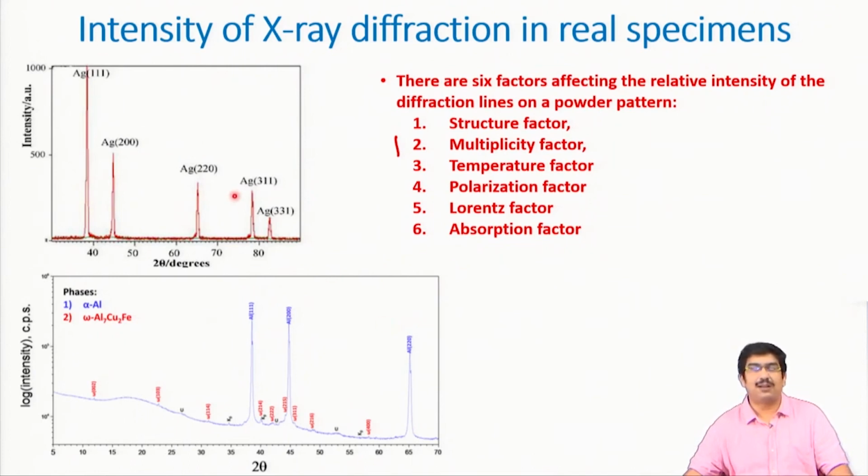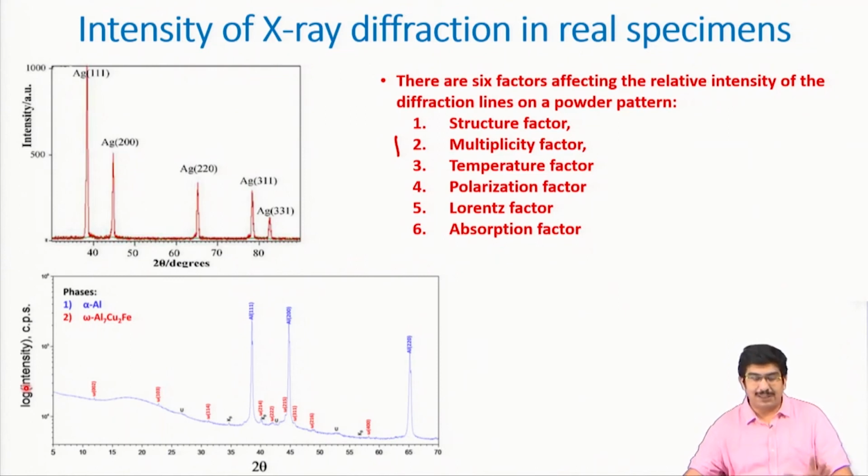You can see that the 111 intensity is almost comparable to the 200 intensity here, and even at 220 the intensity is not that different. Another thing you can notice is the intensity decrease in the background, which is very apparent here in the case of a real specimen.